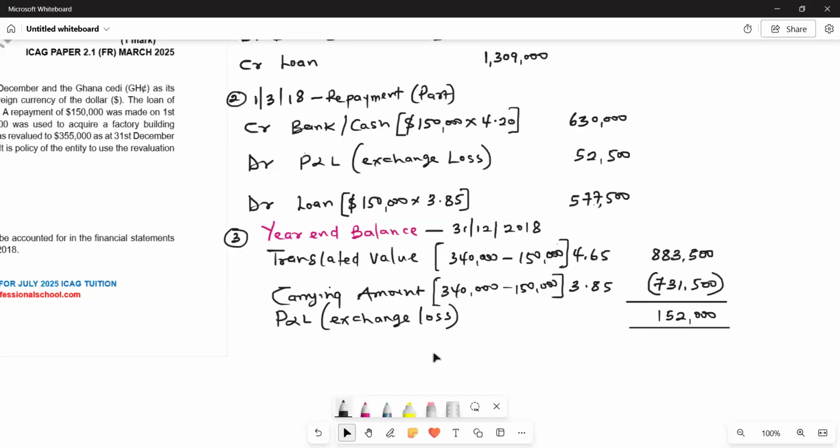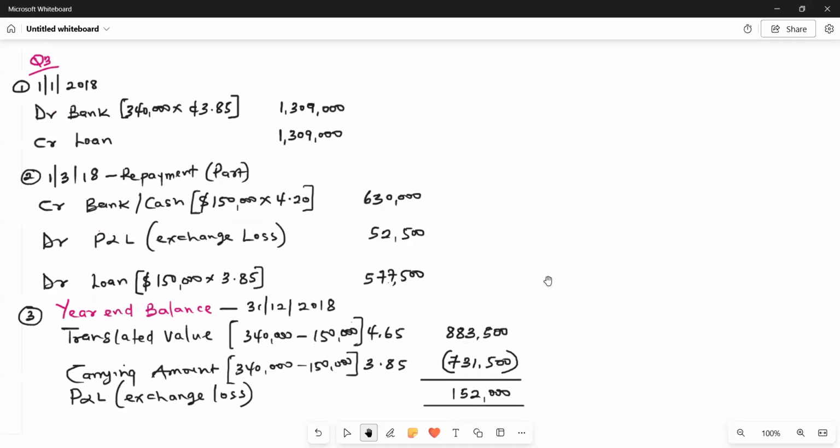Okay, so let's now go to the non-monetary item. With non-monetary items, we don't play with any exchange gain. There's no exchange gain. But we are supposed to deal with the depreciation and the revaluation gain or loss. You get it?